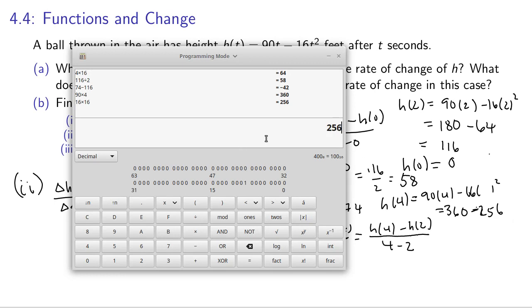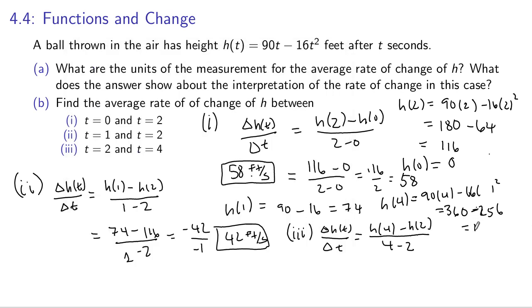Then we have to subtract 360 minus 256, so we get 104 as the output of h at an input of 4. So 104 minus h of 2, which is 116, over 4 minus 2 gives us negative 12 over 2, which is negative 6, or negative 6 feet per second.